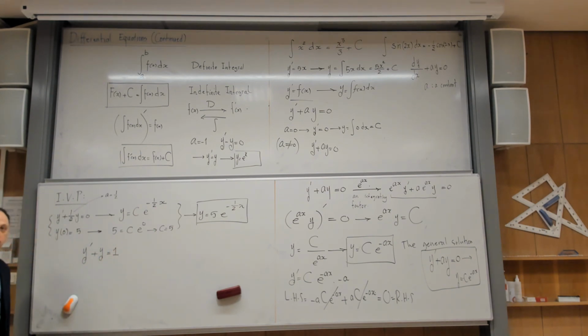Can you guess a function which satisfies this differential equation? When I add the function to its derivative, the answer becomes exactly 1. You see that even if I change it slightly, guessing is not that easy. Can you guess?